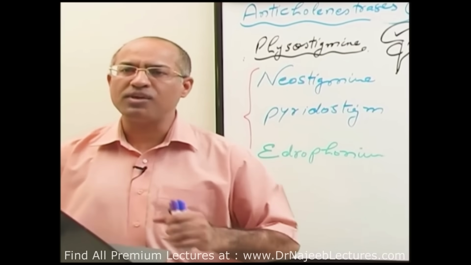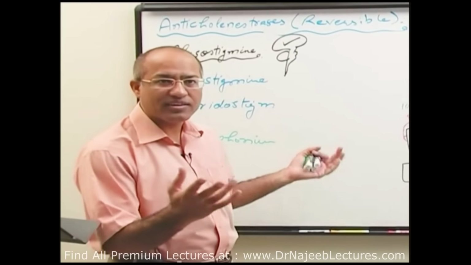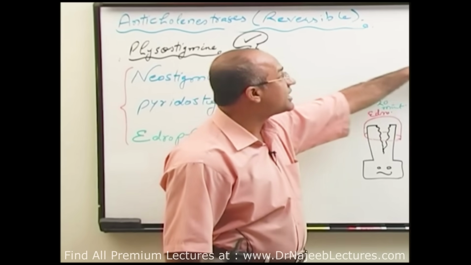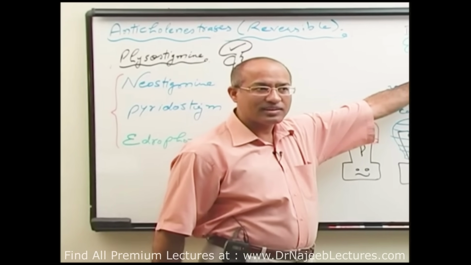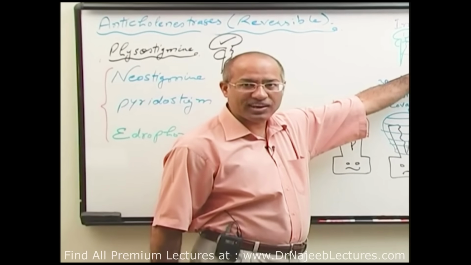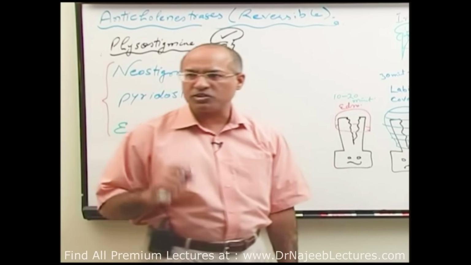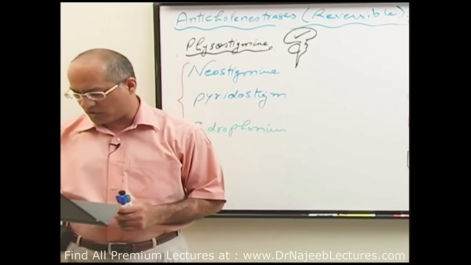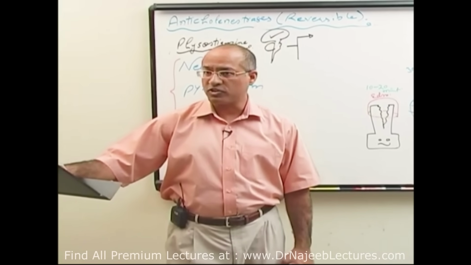If someone is given physostigmine systemically, what will be the action? It's so easy to understand. At all these sites, central nervous system stimulation will be there, ganglionic stimulation will be there, neuroeffector sites at parasympathetic sites will be stimulated, and at the neuromuscular junction, nicotinic cholinergic receptors will be stimulated. So we were talking about the therapeutic uses of physostigmine, right?